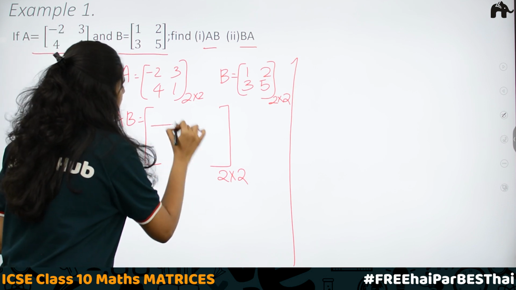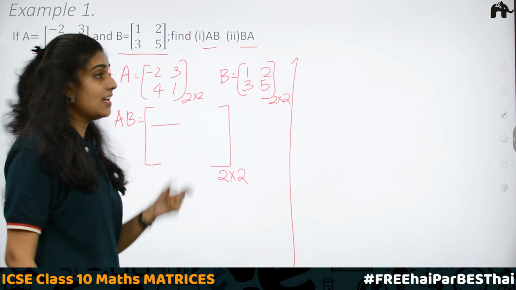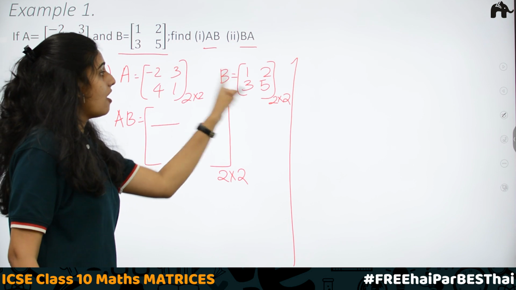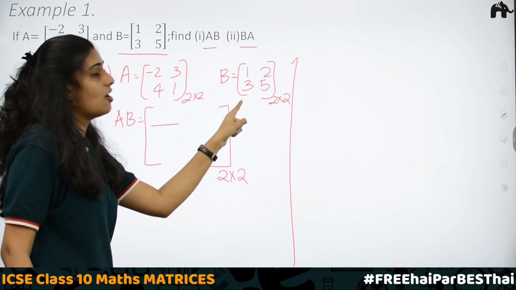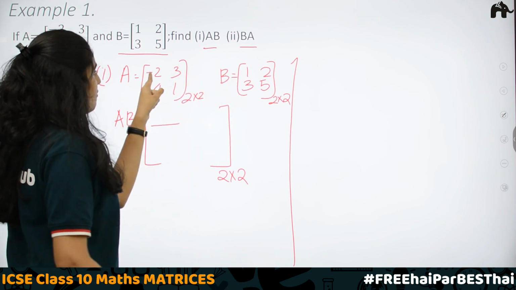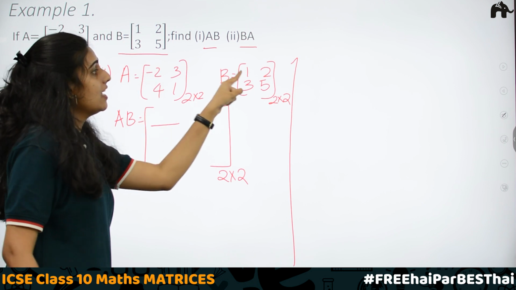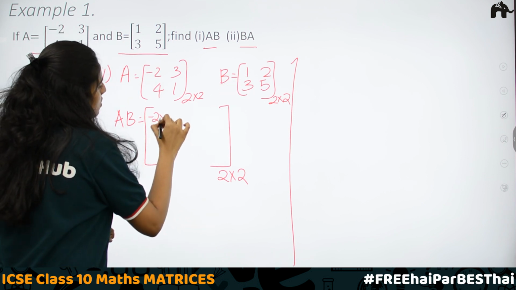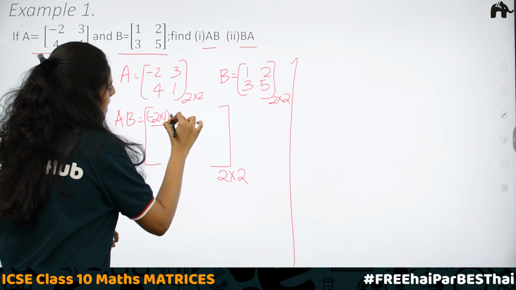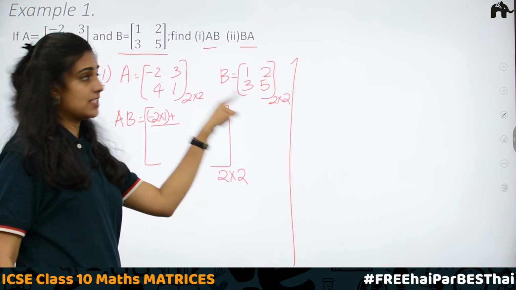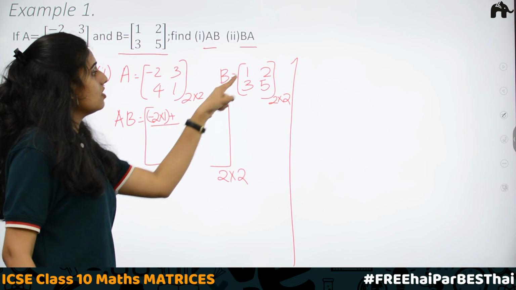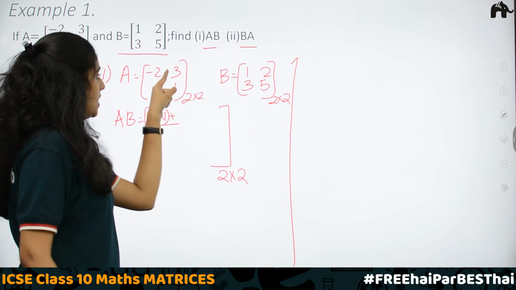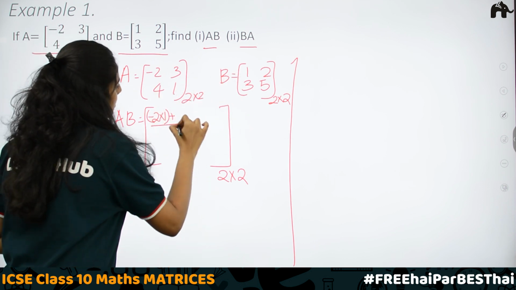To get the first element, what should we consider? We have to consider first row of first matrix and the first column of second matrix. Here we have minus 2 as the first element. Here we have 1 as the first element. Minus 2 into 1 plus second elements. Second element of first row, second element of first column. 3 into 3.